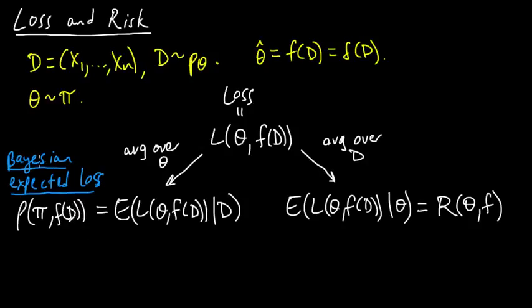The Bayesian expected loss is rho of pi and f of d. This only depends on the data through f of d, so we can write it this way. So it depends on the value that you choose. And on the right, let me put this in red. This is called the risk, or the frequentist risk. Sometimes they just call it the risk.